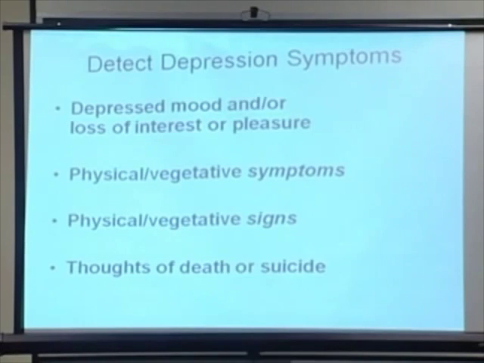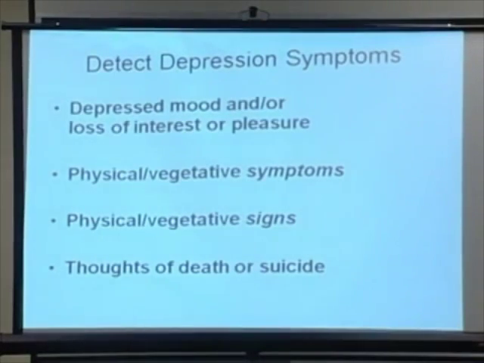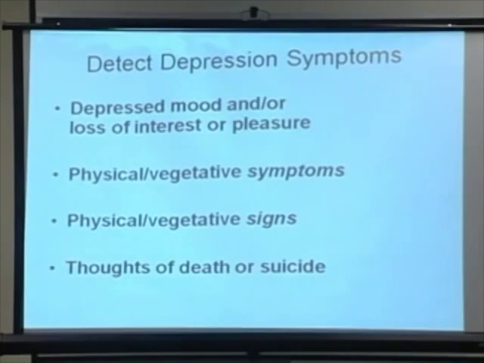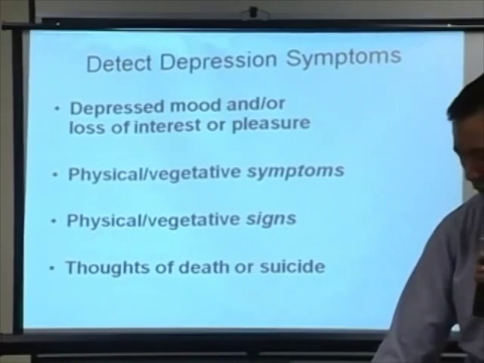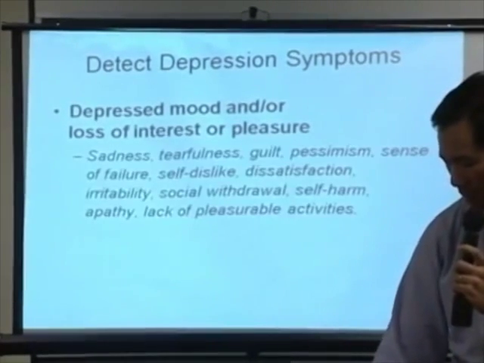There are also some physical and vegetative symptoms that go along with depression, and we'll talk about some of these physical and vegetative signs. We'll also talk about thoughts of death or suicide and what you might hear from a patient if they're thinking about these sorts of thoughts.